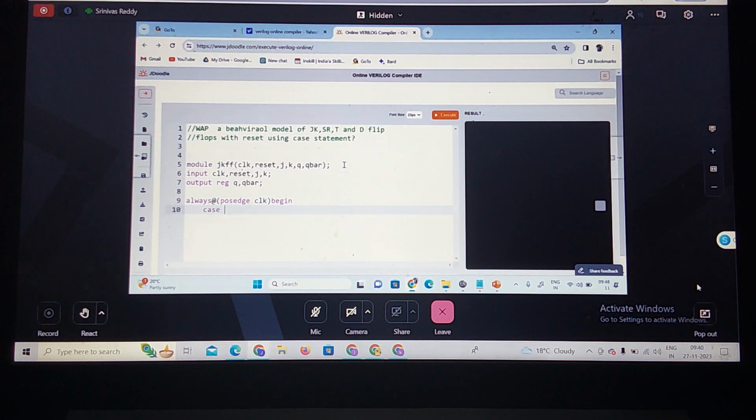Then what I need to do? Case. How to write the case statement for this? Concatenation, correct.